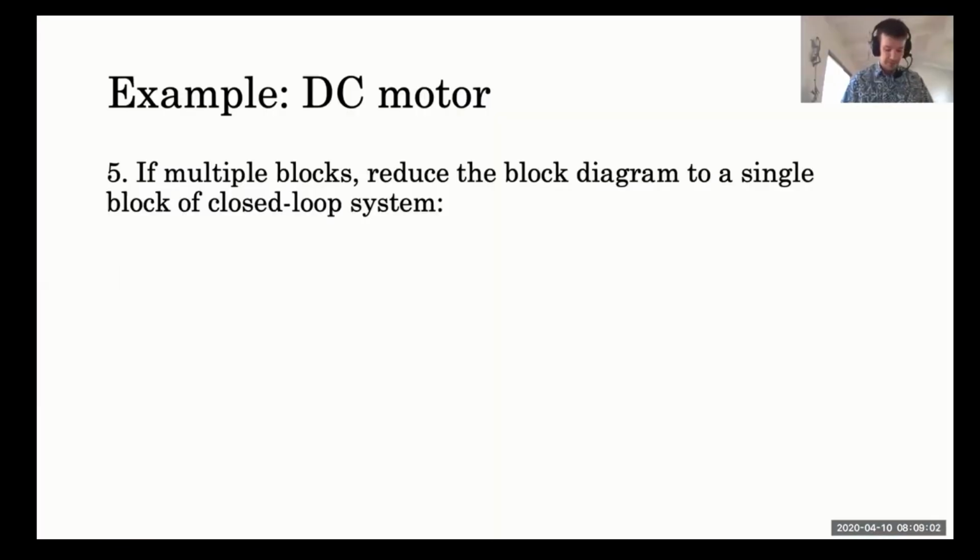Okay, so we left off with the DC motor model where we had the single unified transfer function, which looked like the motor torque constant divided by this polynomial, which is the impedance of the armature times the characteristic polynomial of the motor itself, and then plus this other term out here.